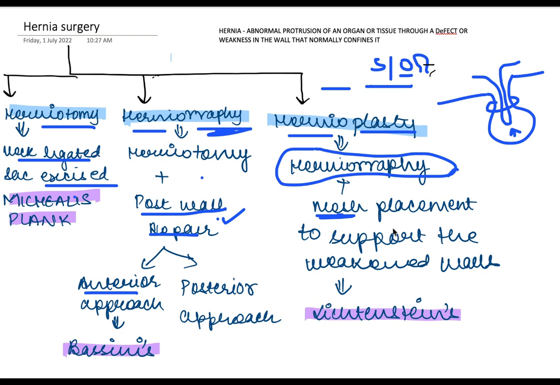Since in herniotomy we have not strengthened the wall and have not placed any mesh, the most common recurrence rate is seen in herniotomy.